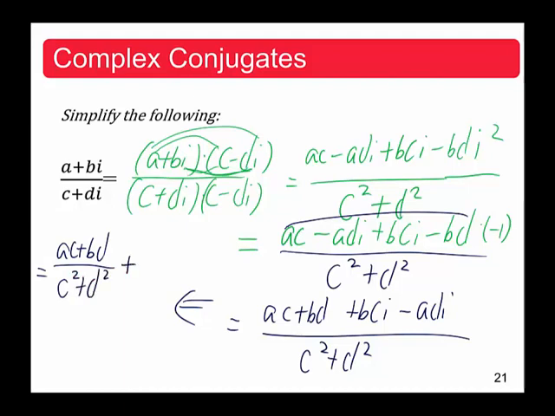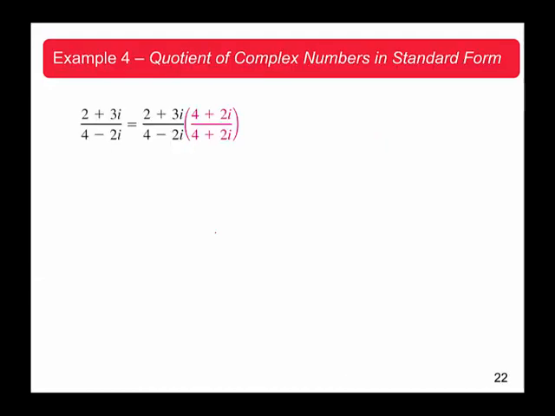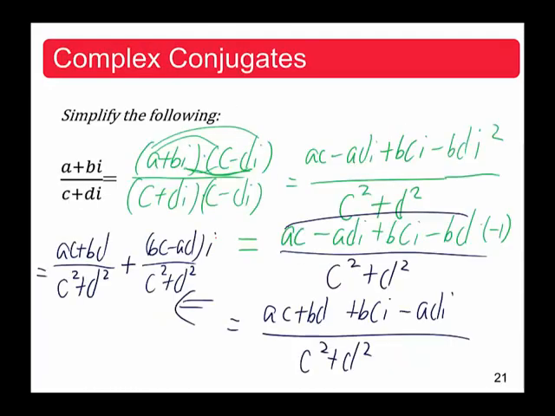The complex part, once you factor out the i in the front, is going to be BC minus AD, divided by c squared plus d squared. i goes outside. Okay. So that's how we typically simplify the quotient of two complex numbers.